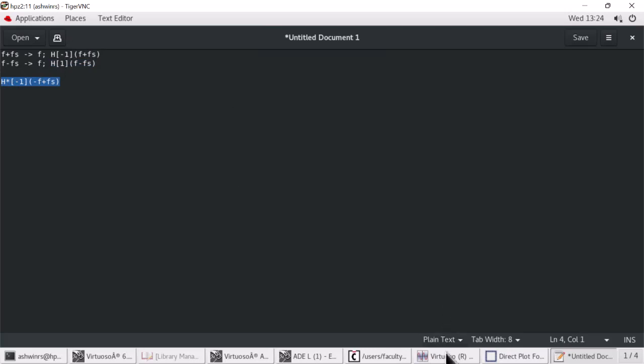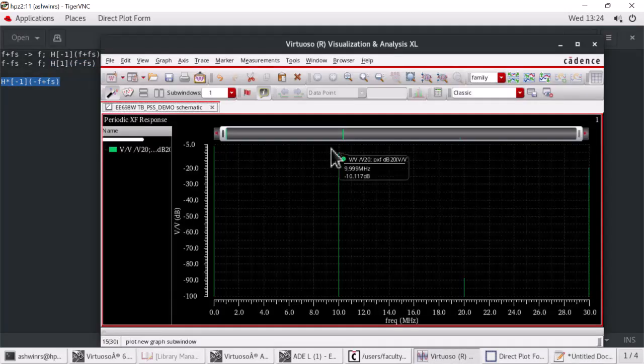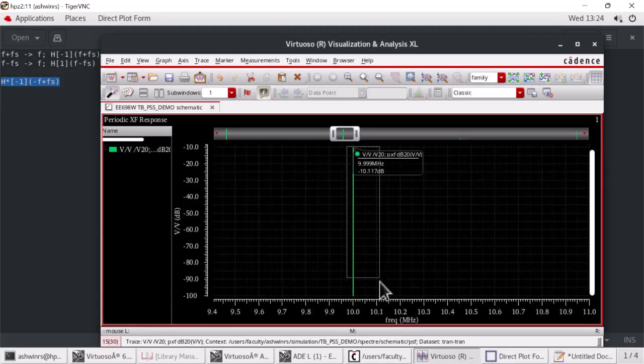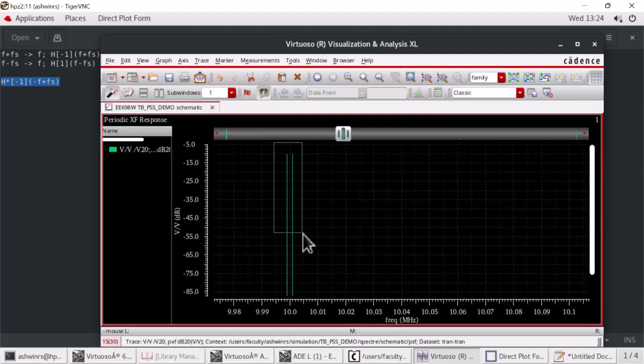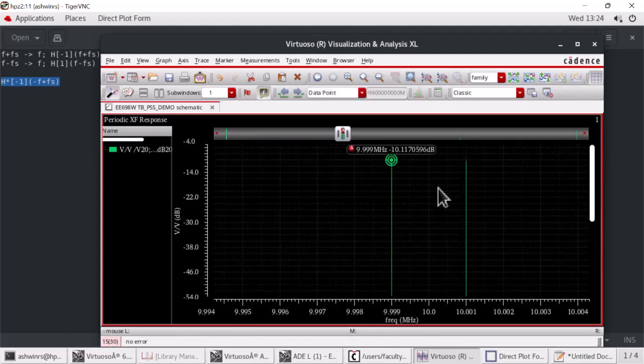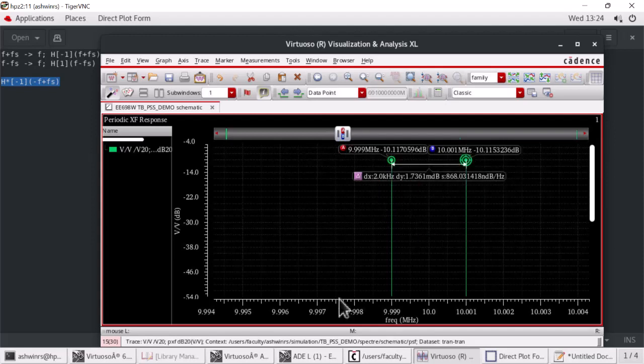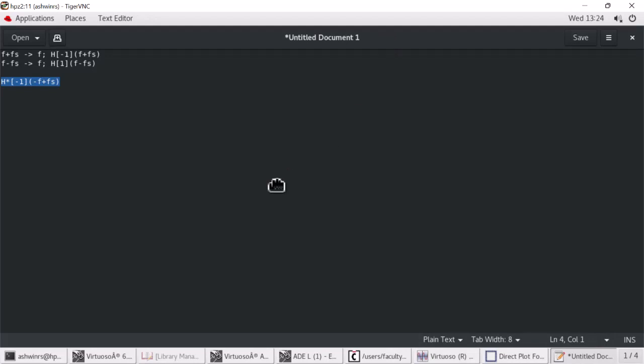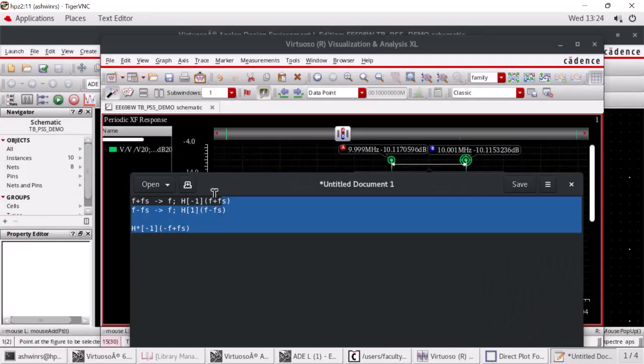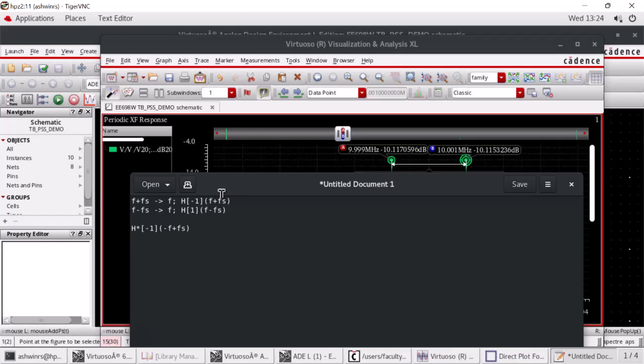And even if you look at the plot you have here, you will actually see two tones. One is basically fs minus f, and the other is basically fs plus f. Okay, and that's because you have this fellow, right? F plus fs we know, and instead of computing at f minus fs, it has computed at fs minus f. So this quantity is equal to this in magnitude, right? This is where you use conjugate symmetry.